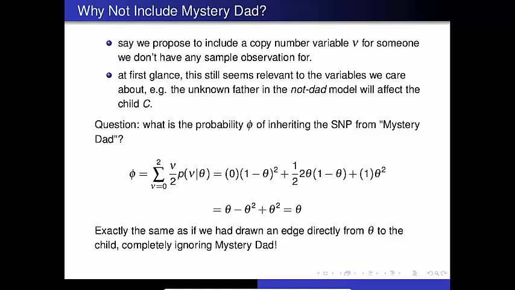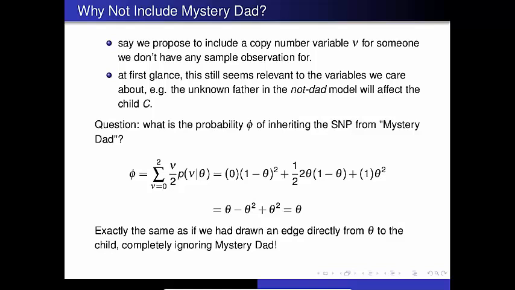So this is really what I mean when I say that a random variable is irrelevant to an information graph structure or to a scoring function: it does not change the likelihoods of the observables. Whether we include mystery dad or not, we get exactly the same thing.